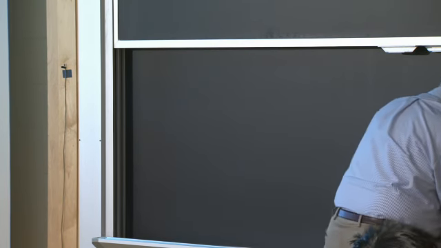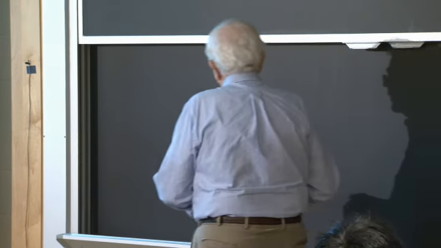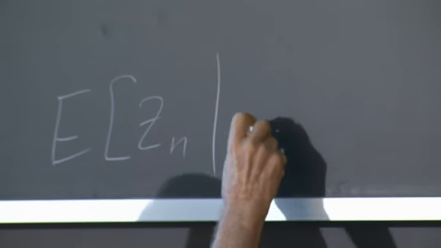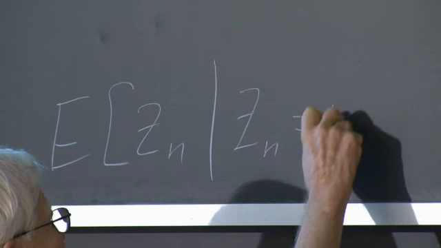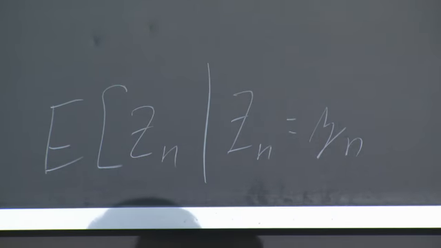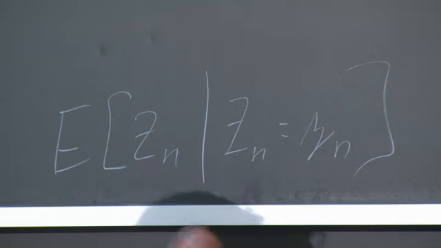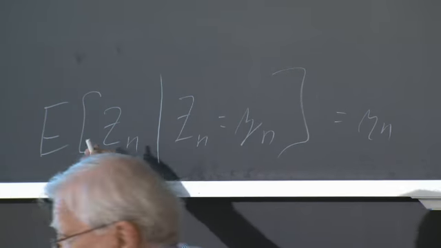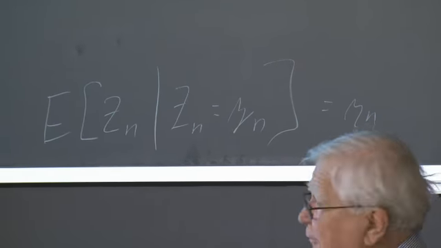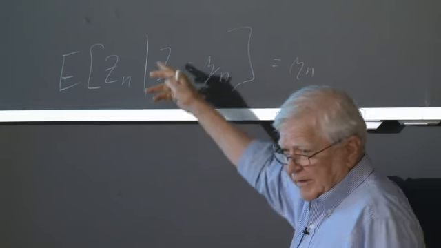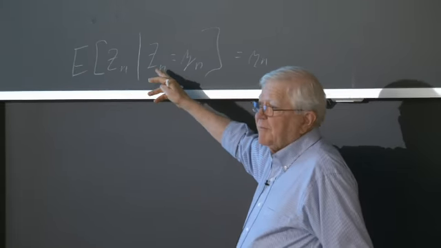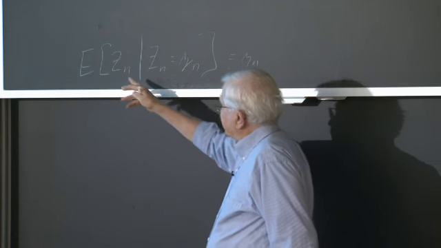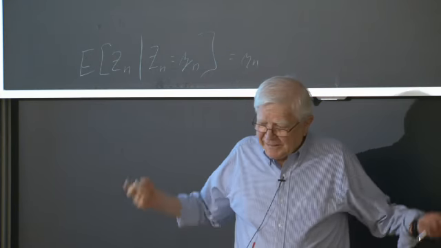I'll make it even easier, and you can see it more clearly. What's the expected value of Z sub n given that Z sub n is equal to a particular value, little z sub n? Okay. Now I hope you can see why this is equal to little z sub n. That's the only thing that the random variable Z sub n can be. For this sample point in the conditioning, we're assuming the sample value for which Z sub n is equal to little z sub n, and therefore that's what this random variable has to be.